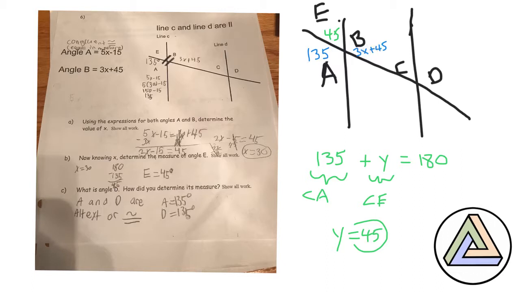Or we could just recognize that if angle A is equal to 135, then that means that angle B is equal to 135. So I'm actually going to write 135 here because I don't want to deal with that annoying expression right there. So we're going to write 135 right there.